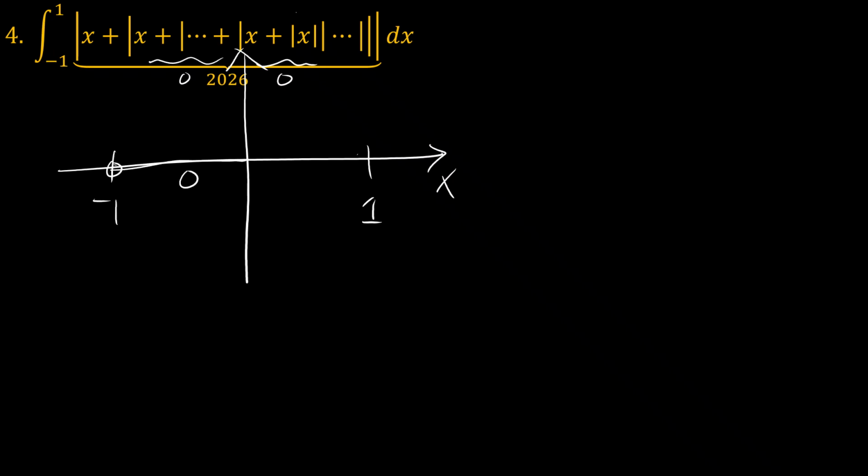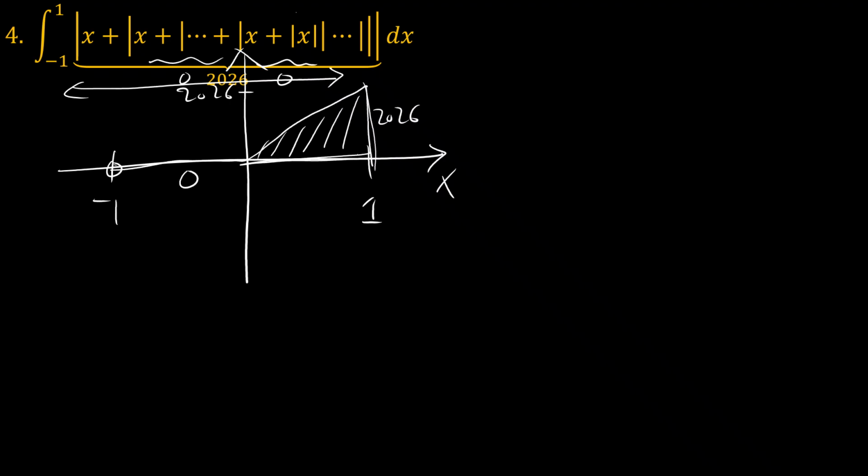And then since we have this repeating itself 2026 times, we see that when x is positive, this adds up to 2026. And so our integral becomes the area of this triangle, where the height is 2026 and the base is of length 1.